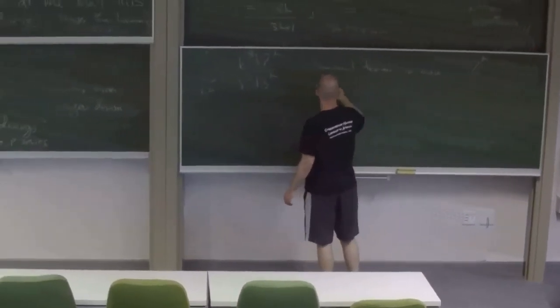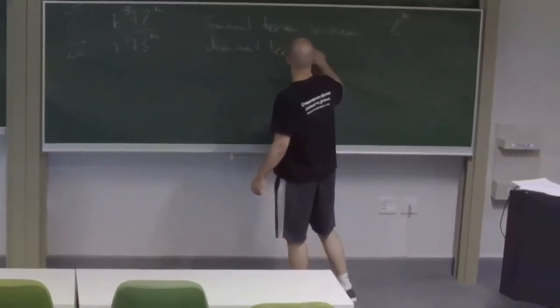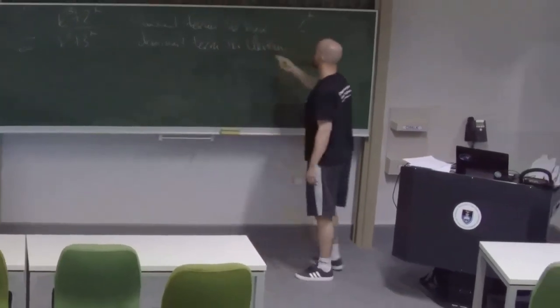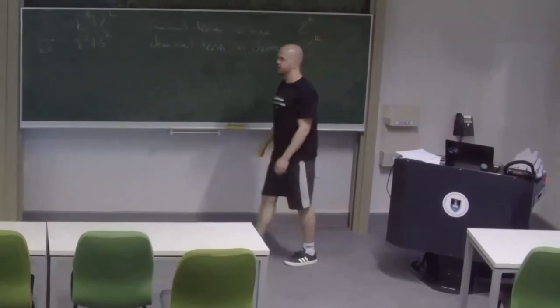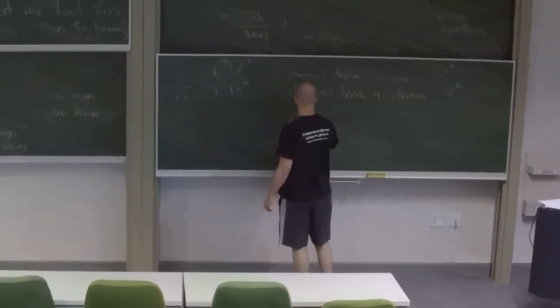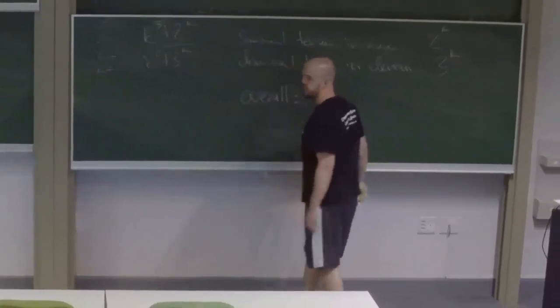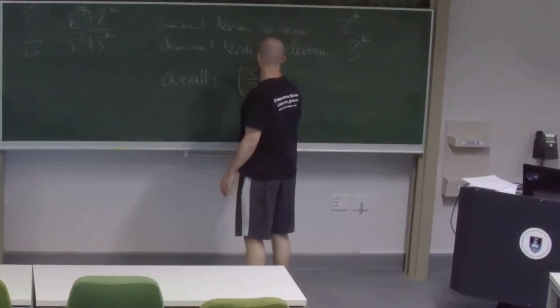As k gets large, the dominant term in the denominator, my handwriting is probably going quite badly here, is 3 to the k. So overall, it's going to be 2 to the k minus... well, we might just think of it this way.